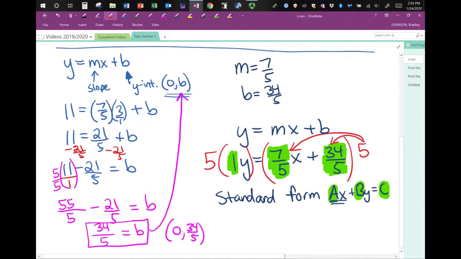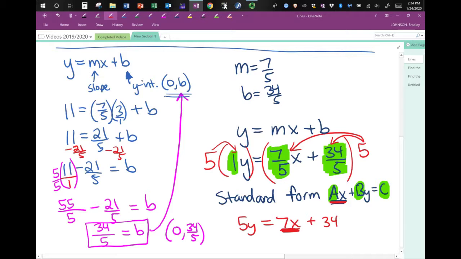On the left-hand side, you multiply by 5. 5 times the y will make 5y equals 7x plus 34. See, that cleaned up real nicely, and now it's easier to work with. We still want to keep the coefficient in front of the x positive, and right now we have a positive 7.